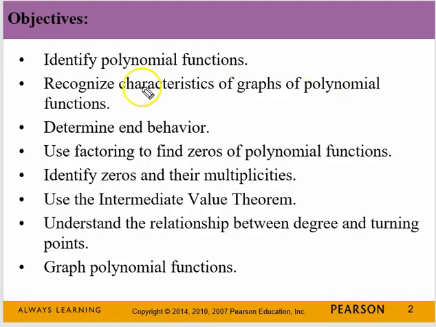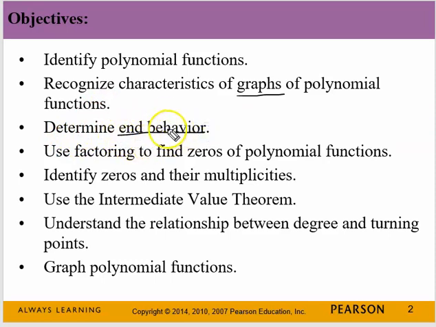So we'll go over these objectives in some detail because being acquainted with vocabulary is going to be an important part of this section. So we want to identify polynomial functions. We want to recognize characteristic graphs of polynomial functions. We want to determine what is called end behavior.